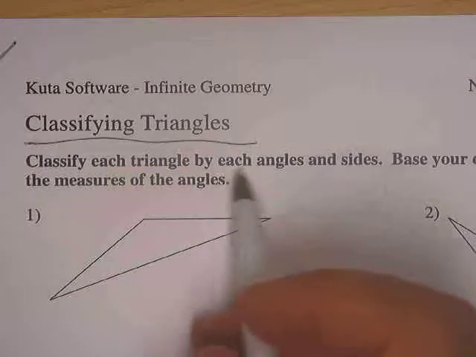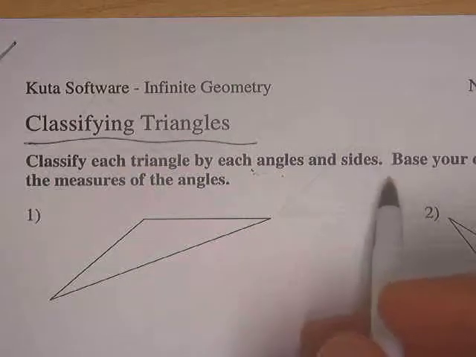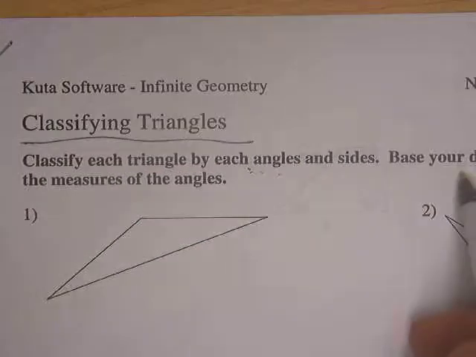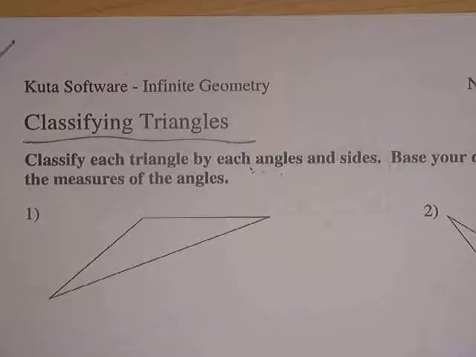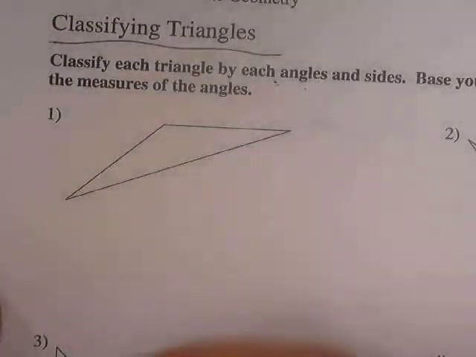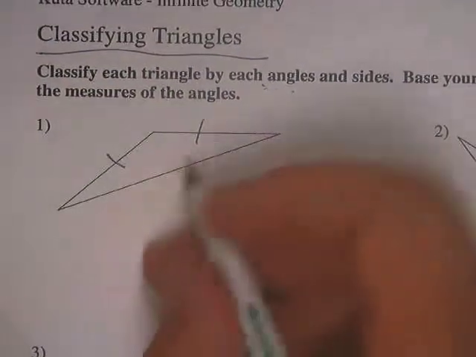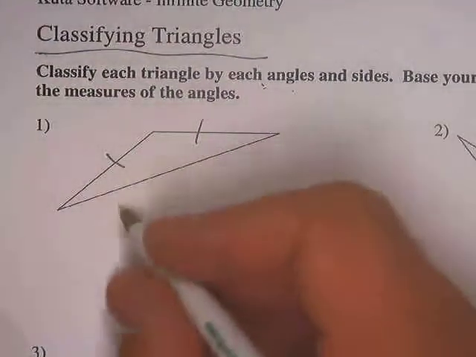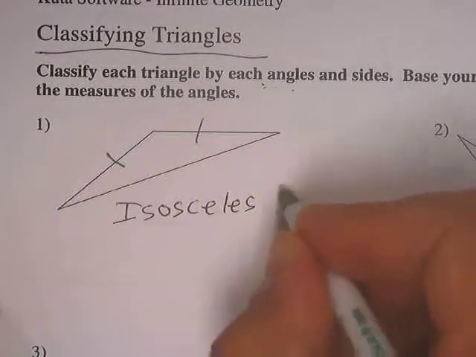Now I want you to have out this classifying triangles sheet. It says here, classify each triangle by its angles and sides. Base your decision on the actual length of the sides and the measures of the angles. Okay, so if I'm looking at this, it looks like these two are the same.